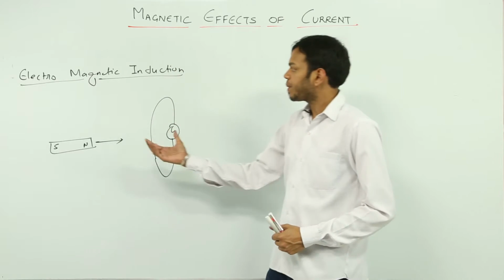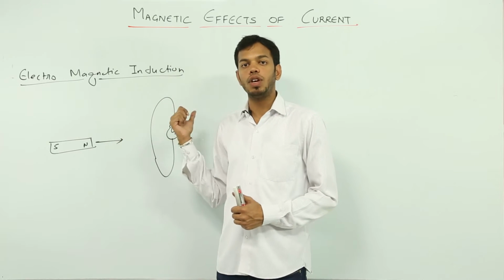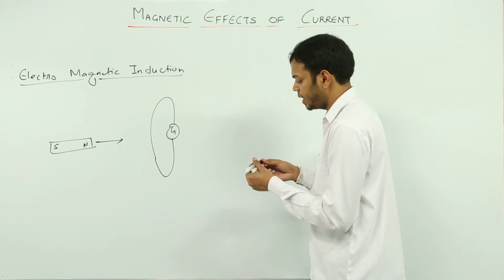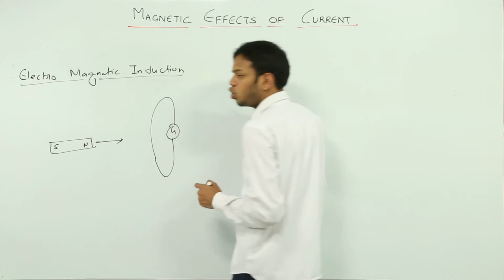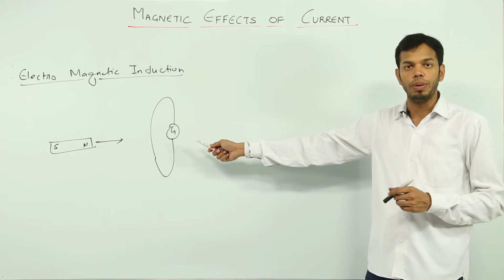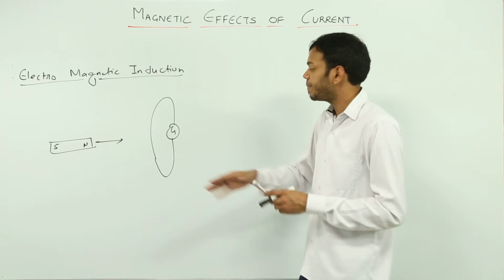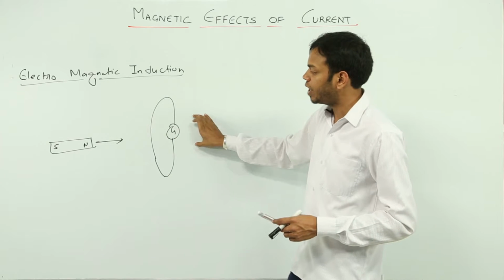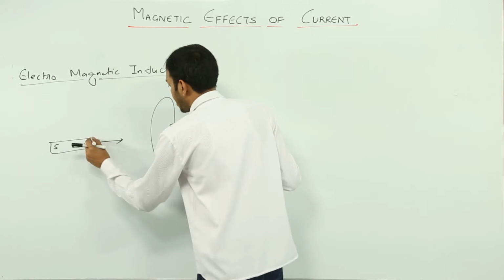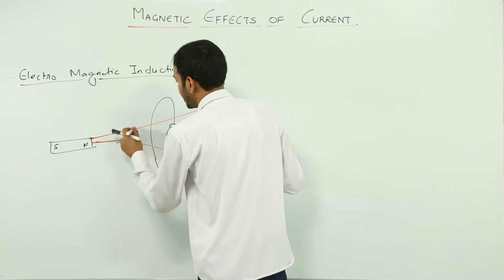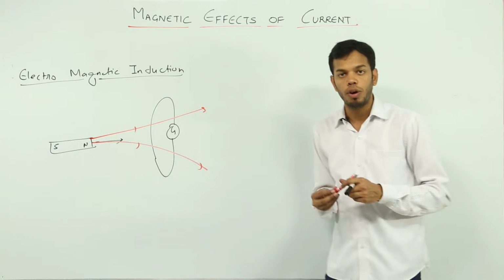Whenever flux linked with a coil changes, now where is the flux changing? The observation was, when we are bringing this magnet closer to this loop, we are finding a deflection in the galvanometer. That means what is changing? Neither the wire has changed, nor the galvanometer, nor the magnet. Nothing has changed. The only thing which is changing is the number of magnetic lines of force which are passing through this coil.